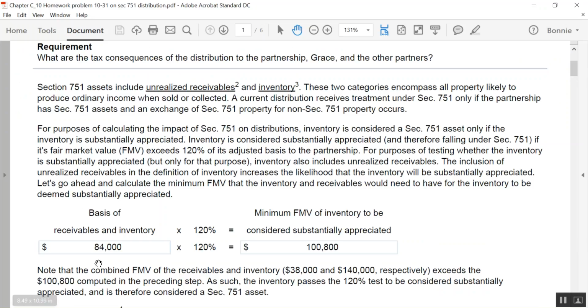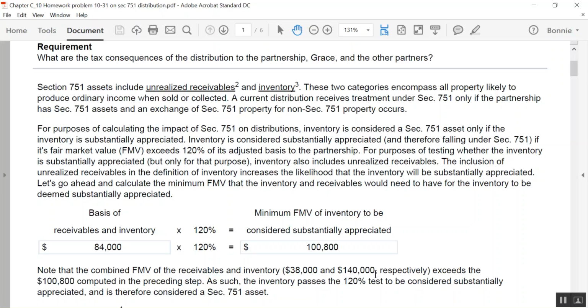So the sum of the bases of the receivables and inventory was 84,000. I multiplied that times 120%, and that came out to 100,800. The combined fair market value was 38,000 for the receivables and 140,000 for the inventory. So that totals 178,000.